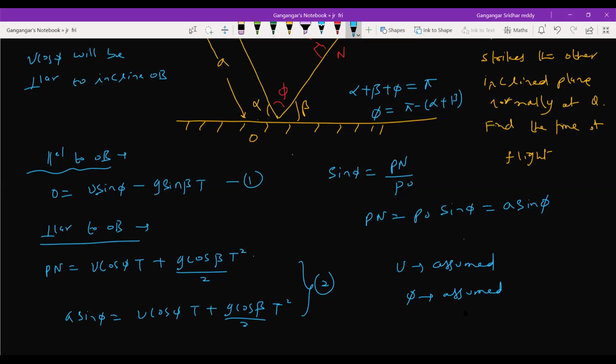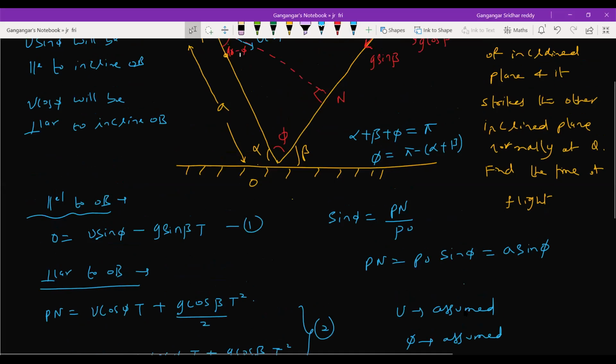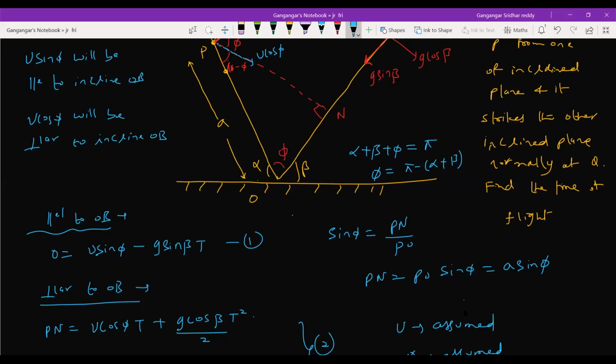G sine, G cos beta, no? First equation, sir, G sine beta, G sine beta T by 2. V is equal to U minus at, correct only, sir. G sine beta is a retardation and U sine phi is the velocity. Okay, yes.